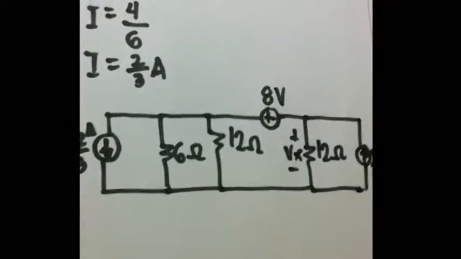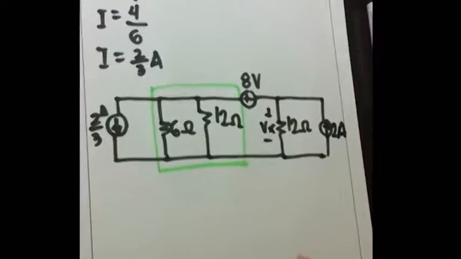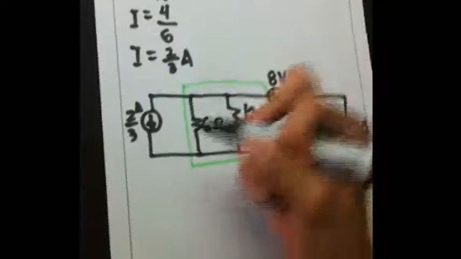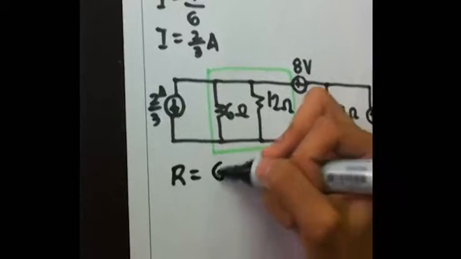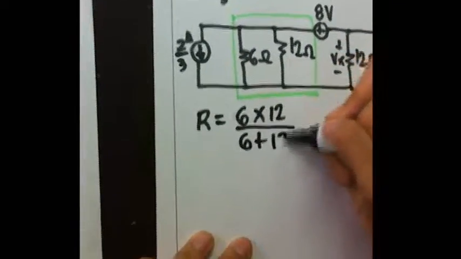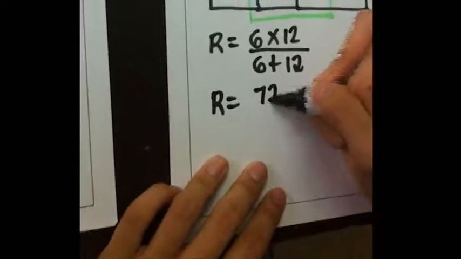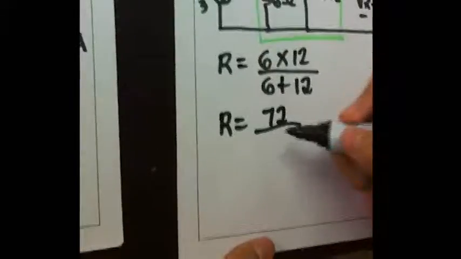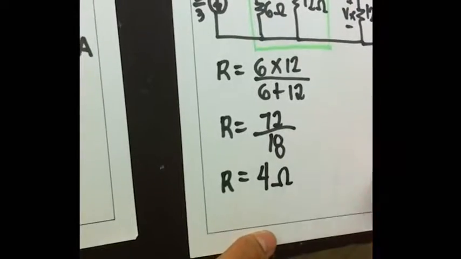We can notice that 6 ohms and 12 ohms are in parallel. Therefore, simplifying this resistance will give us 6 times 12 is 72 over 6 plus 12 is 18. Therefore, our R is 4 ohms.